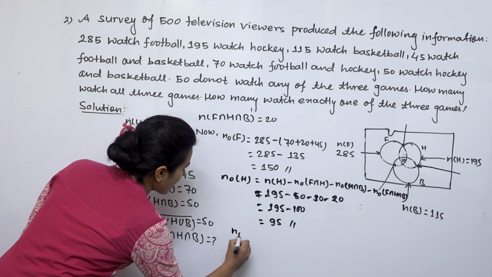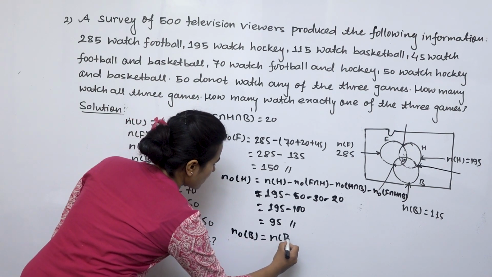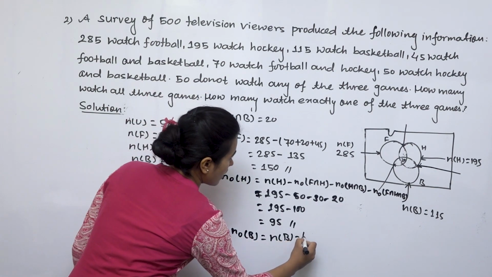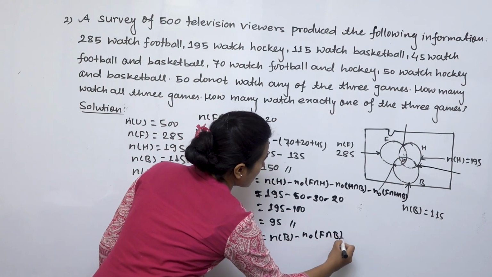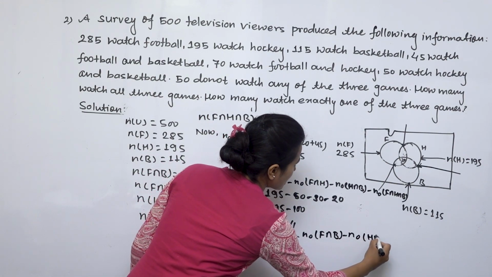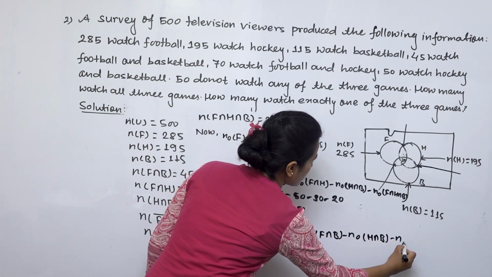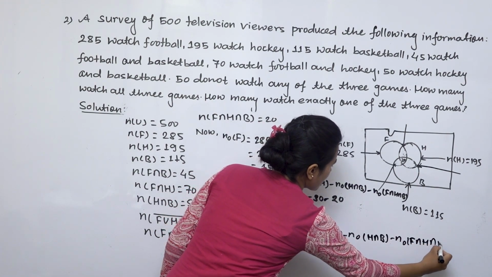Similarly for only B: n(B) minus n(only F intersection B) minus n(only H intersection B) minus n(F intersection H intersection B).